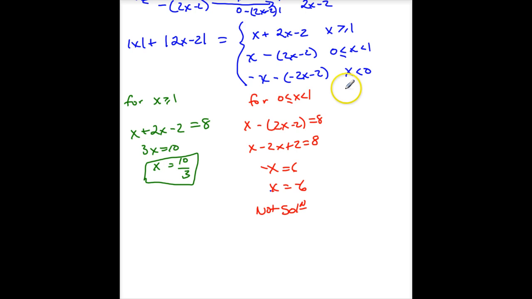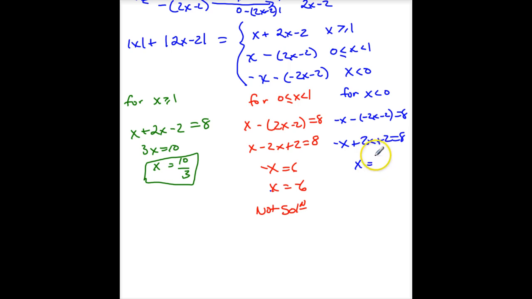For x less than 0, I have minus x minus 2x minus 2 equals 8. So I have minus x plus 2x plus 2 equals 8. So I have x is equal to 6.